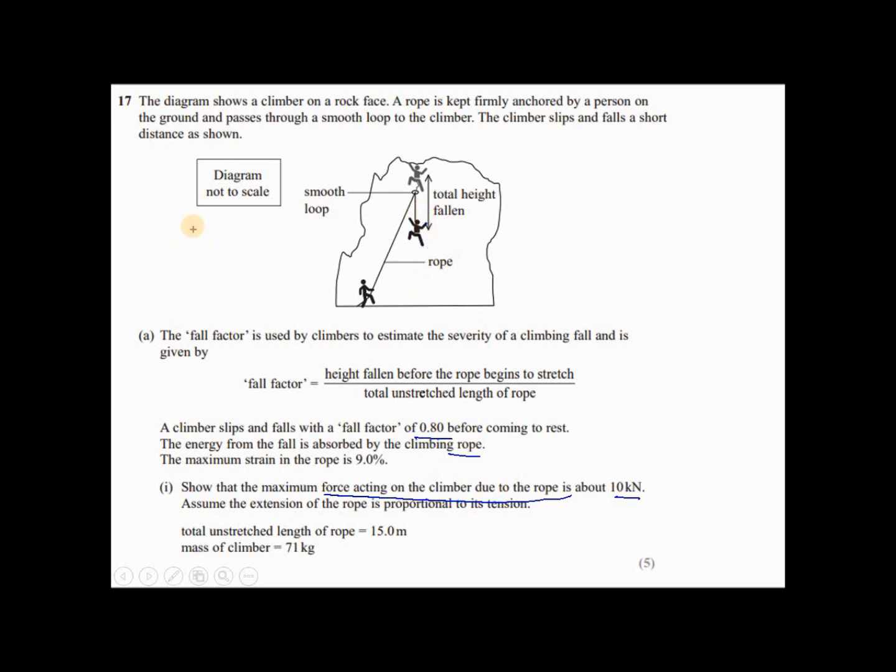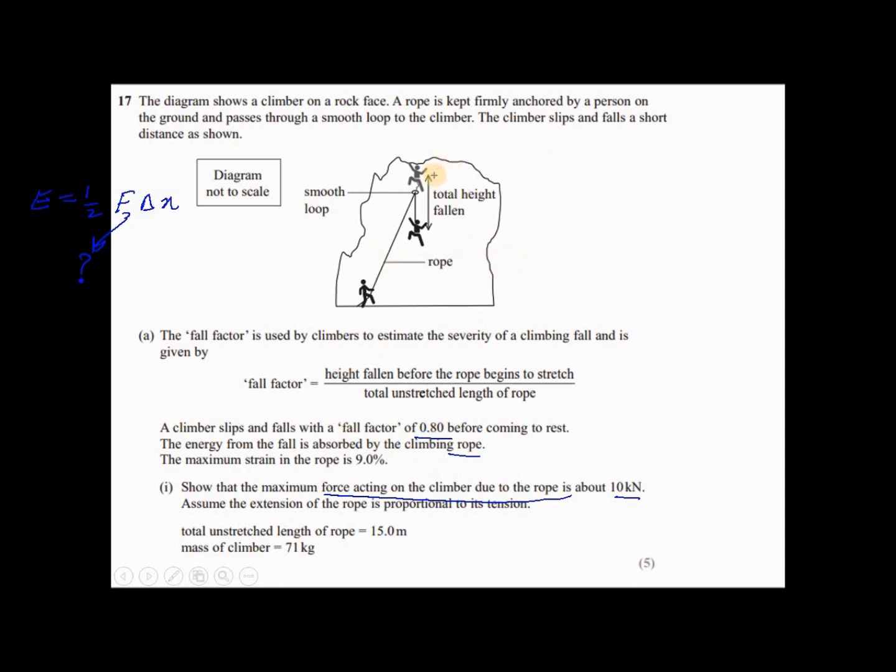That means the energy during stretch is equal to half of F delta X, and this is the force that we need to figure out.